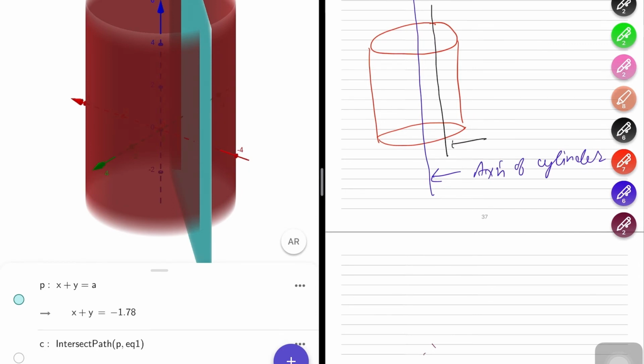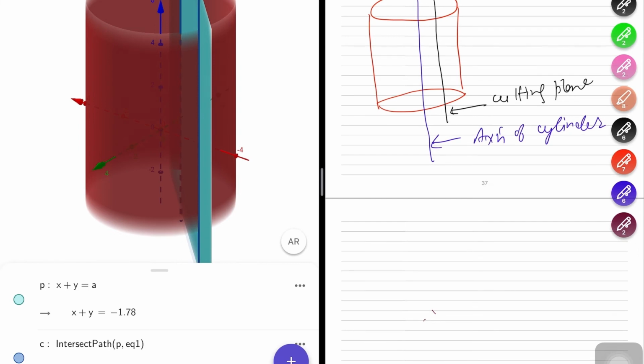This is a cutting plane. Now the intersection is a parallel pair of lines. What we observe is that the plane is parallel to the axis of the cylinder. In this case we observe a pair of parallel straight lines.